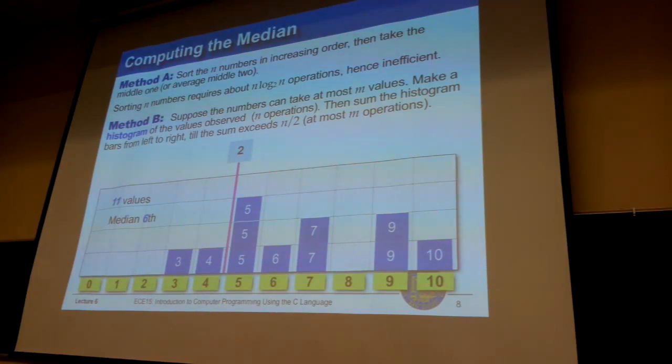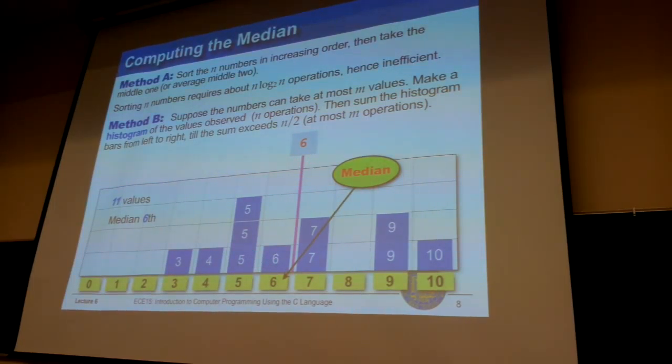We get to 5, we add 3, so our sum is 5. We add this one, and we're at 6. And 6 exceeds n over 2; n was 11, so n over 2 is 5.5. So we can stop right here, and the median is the histogram bin that we just looked at.